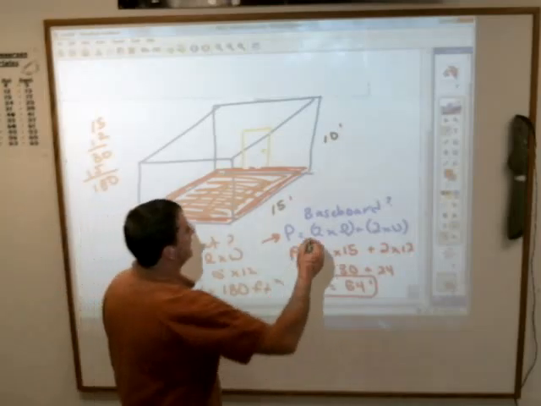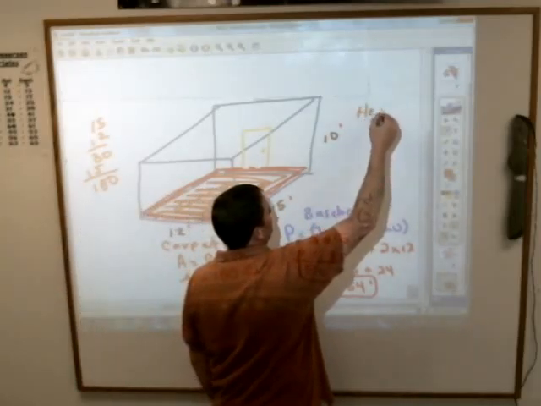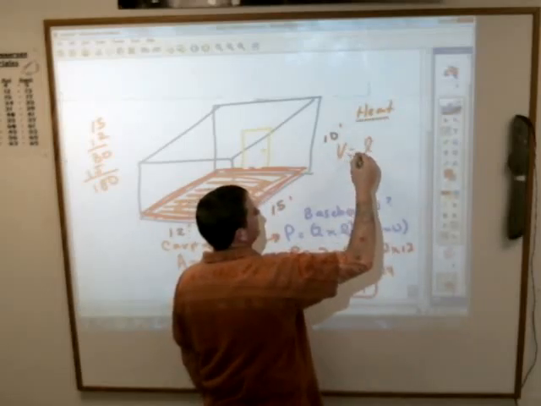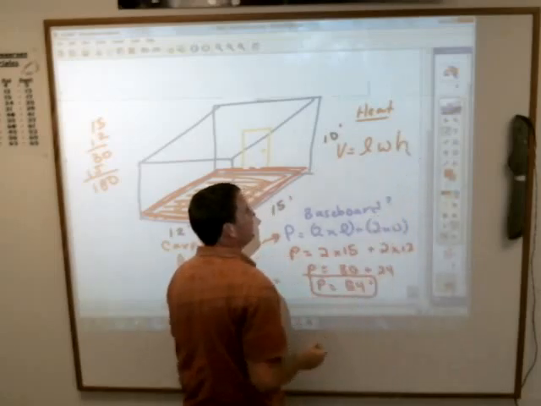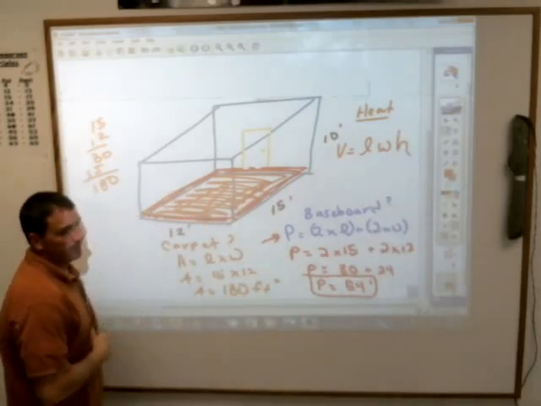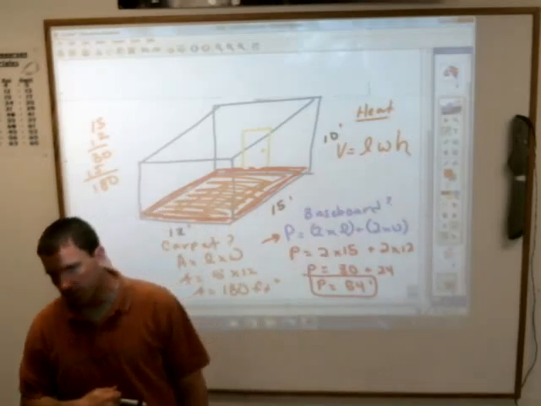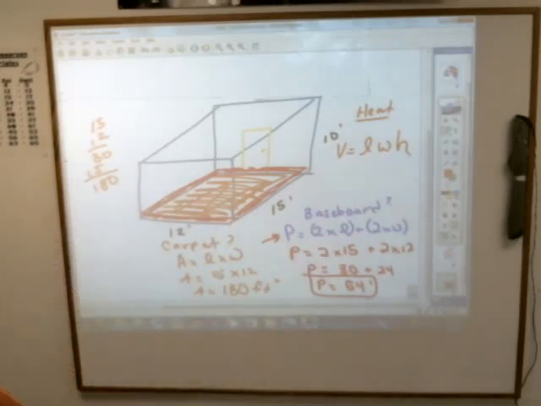Volume. Right, I need to know how many cubic feet my room is. So volume equals what? LWH. By the way, in math, children, when letters are right next to each other, that is multiplication. Letters right next to each other are always multiplication.